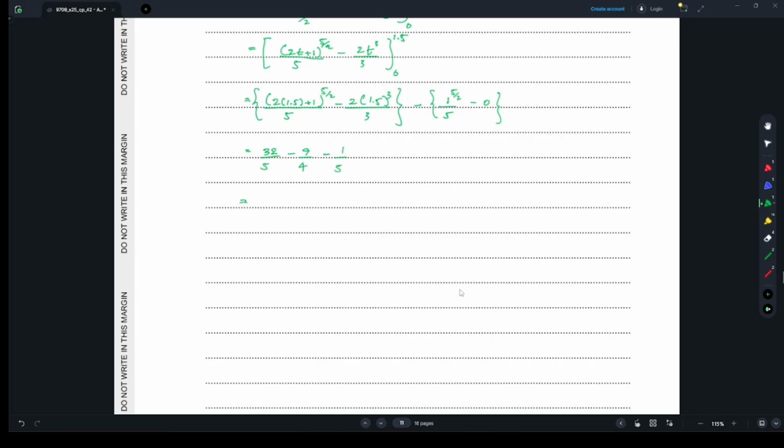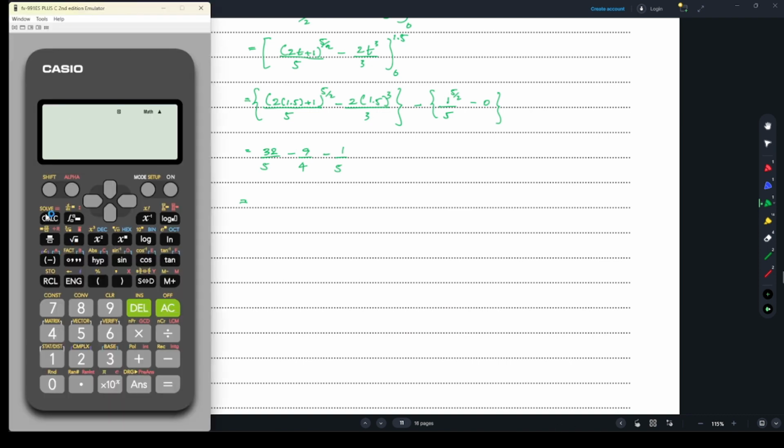So the answer will be, okay, we can use this one, which is 32 over 5 minus 9 over 4 minus 1 over 5. Normally I don't use the division mark, because there may be a chance to have errors, so it's better to do it in this way.